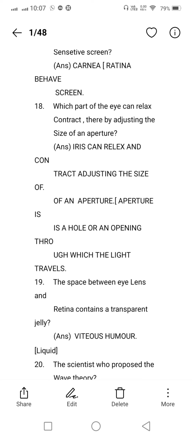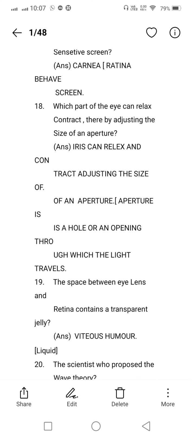Let us start the most important bits of the light lesson. The first bit: the change of focal length is due to the ciliary muscles.